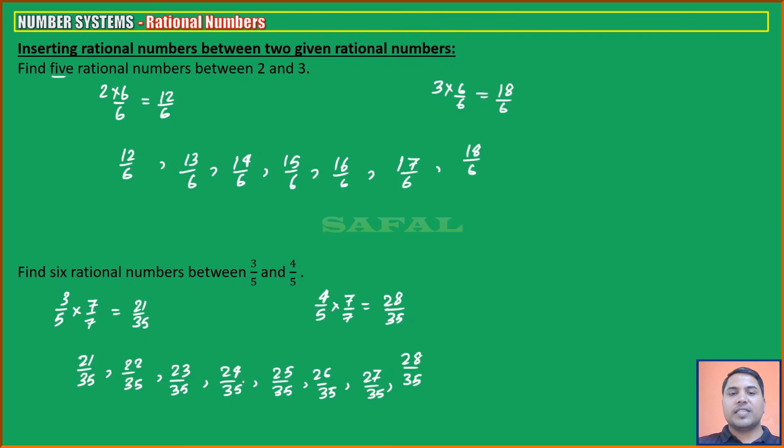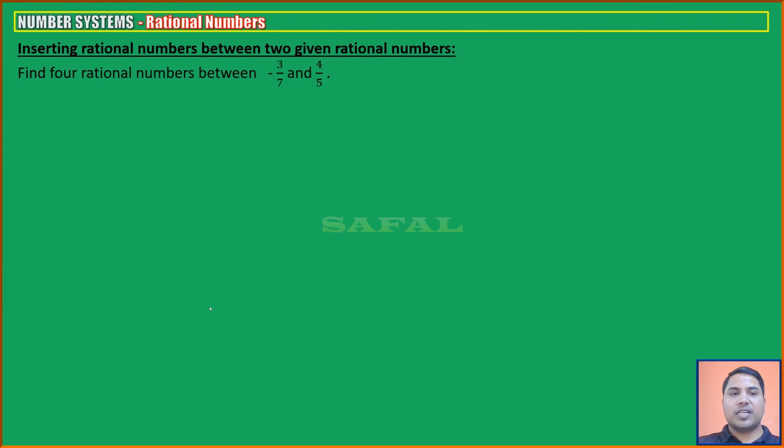So likewise, easily you can insert rational numbers between two given rational numbers. Let's move ahead and take up one more question where I have one negative number and one positive number. The process still remains the same. The smaller number is minus 3 by 7 and the larger number is 4 by 5.